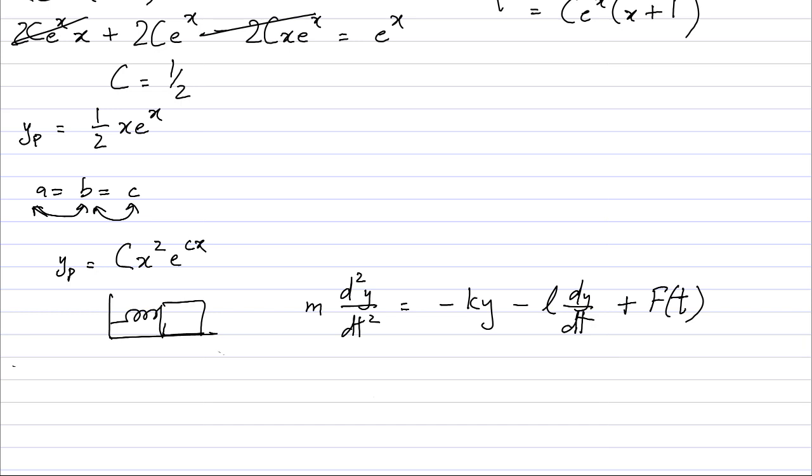Then you can rearrange this to get plus L dy by dt plus ky is equal to f of t.